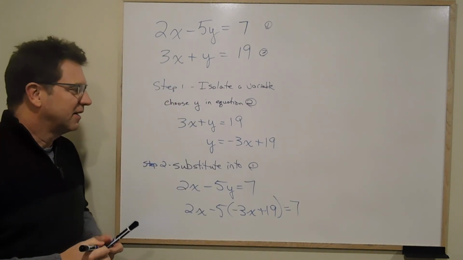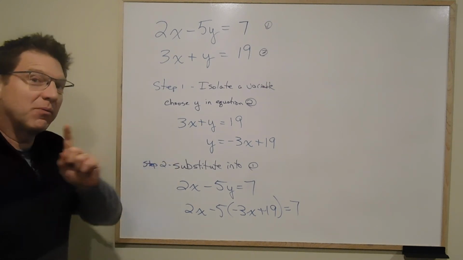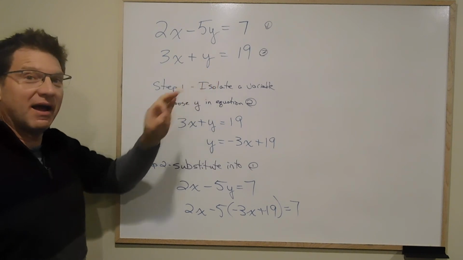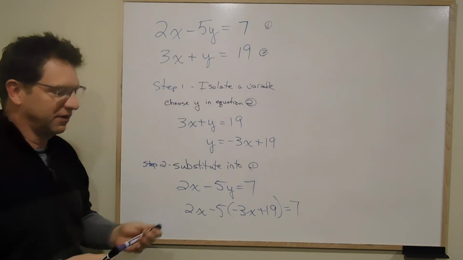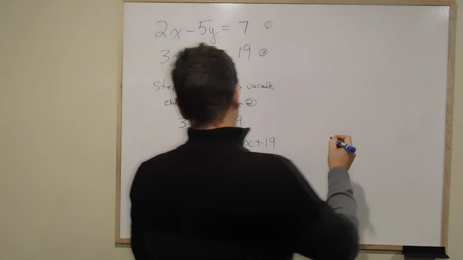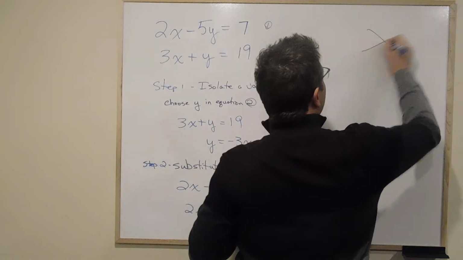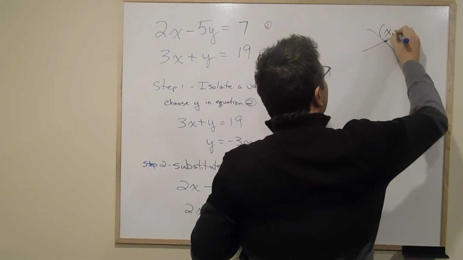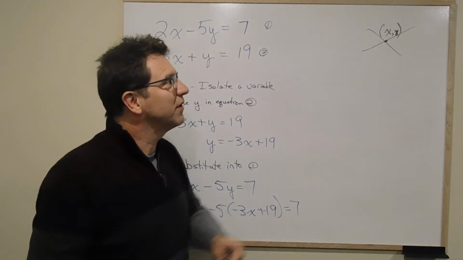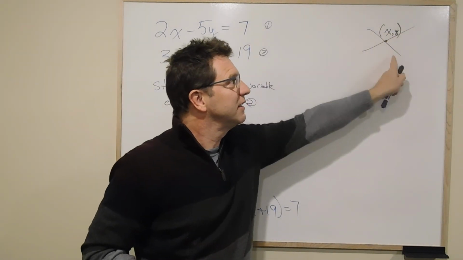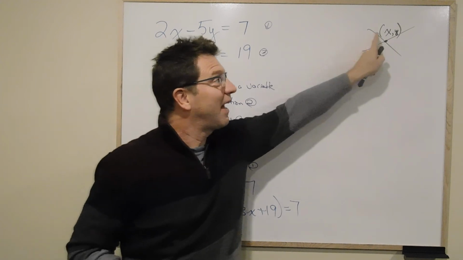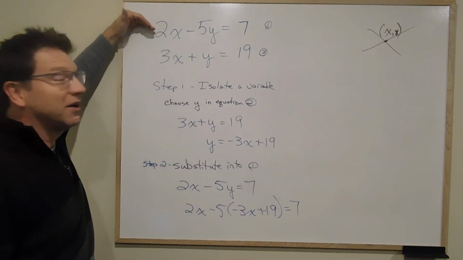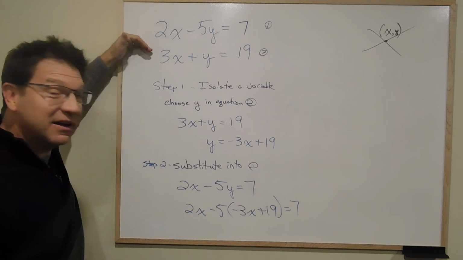Okay. Two reasons you can do that. One is because, remember, where the lines intersect, the x and the y have to be the same in each equation. So if I draw this really quickly in black, just two lines, and they intersect right there, and they get a point x and y, you'll notice, because that point is on both lines, that xy value must be true in equation 1 and in equation 2.